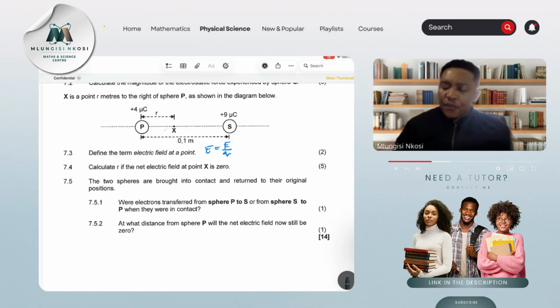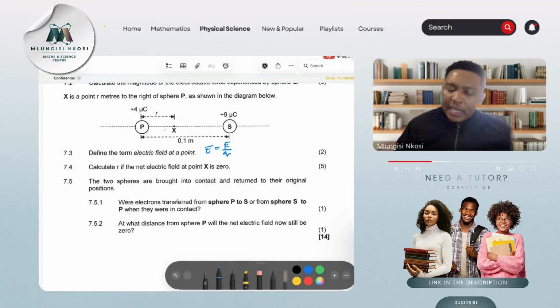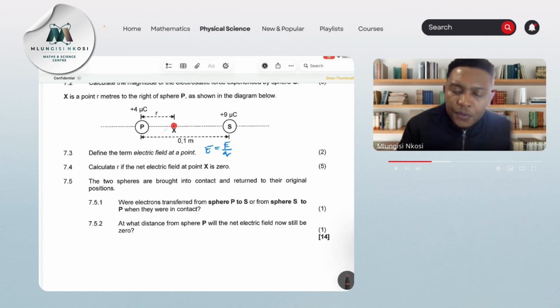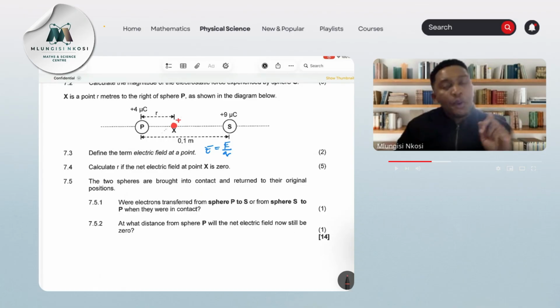Firstly, we're talking electric field, so when we observe this point here, remember we always assume that it's a positive test charge. I'm going to evaluate what type of field is experienced by point charge X, or rather by imaginary charge X, due to P and S respectively.